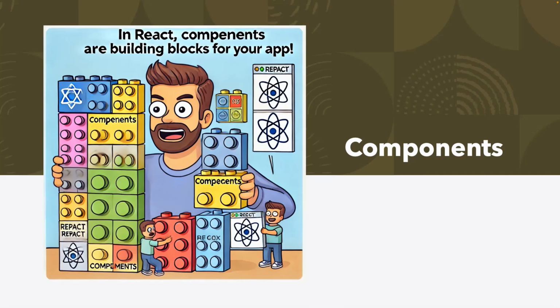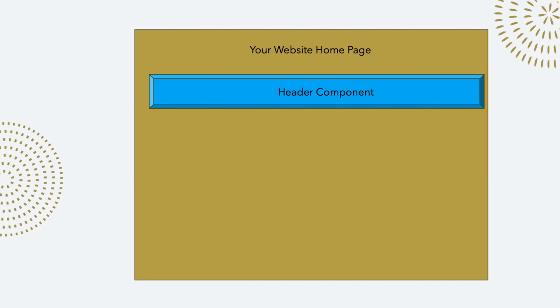Components make it easy to organize and manage your code because you can break down your website into smaller, understandable parts and you can easily reuse them. So, for example, you could have your website page and then you could create a reusable header component and add that to the homepage. Then maybe you have a form inside the homepage.